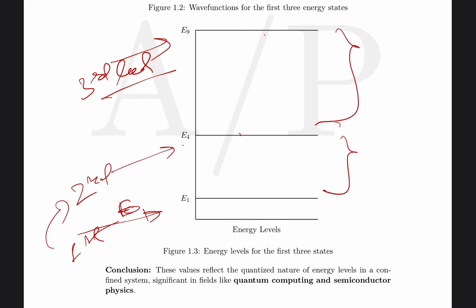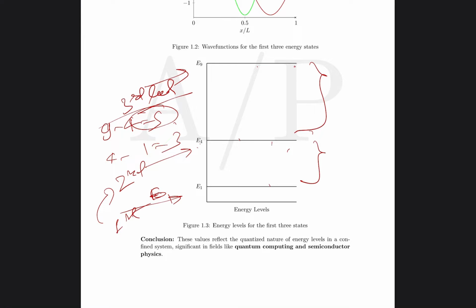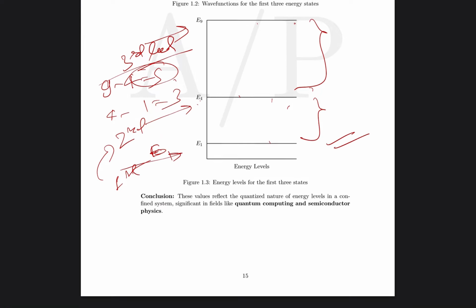So you have to make the diagram so that it is clearly depictable to the examiner that you are aware that the gap between the first and second energy levels is less than the gap between the second and third, because 9 minus 4 comes out to be 5, and here 4 minus 1 comes out to be 3. So clearly this space is more than this space. This diagram is very important and you have to make it properly. This is the value addition diagram for you.